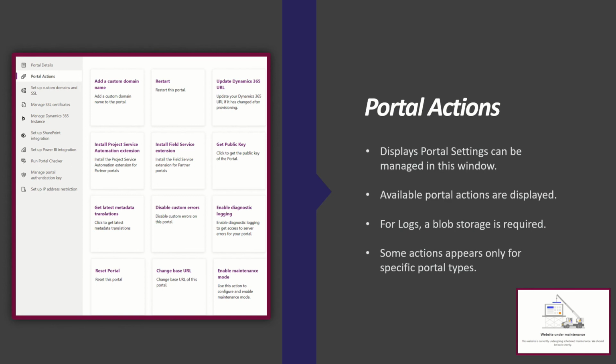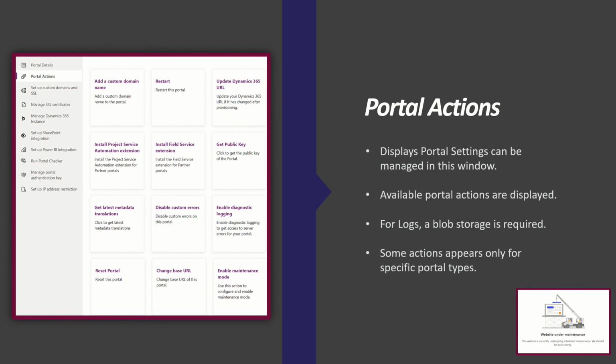For those two extensions, the only thing we need to care about is the portal template, because we can only install them when we have a partner portal. For example, for the self-service customer portal, this feature will not be available.